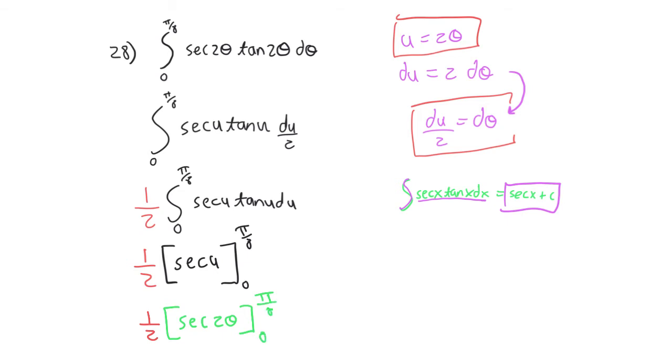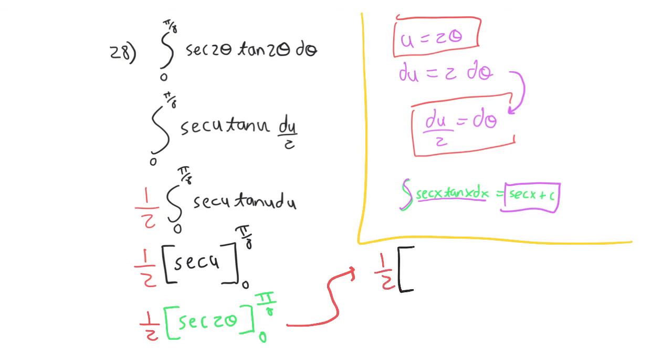Okay. Now, let's wrap this up, and we're going to bring this here. We have 1/2 times this whole situation. It's going to be secant of 2 times pi over 8 minus secant of 2 times 0, okay?